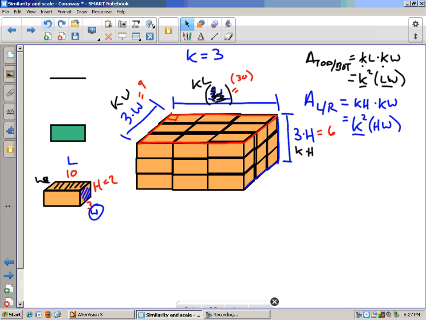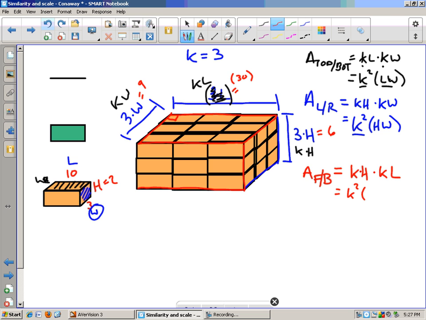And finally, let's do the area of the front and back. That front and back is going to be H tall by L long. So that's going to be KH, the new H, and KL. When I multiply that, I get K squared times HL.